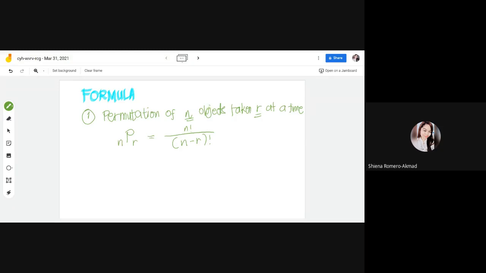And we say arrangement is important, meaning if you arrange these things using different items, and if you do another arrangement using that item also, magiging iba na yung arrangement nila. Like for example, sa code.